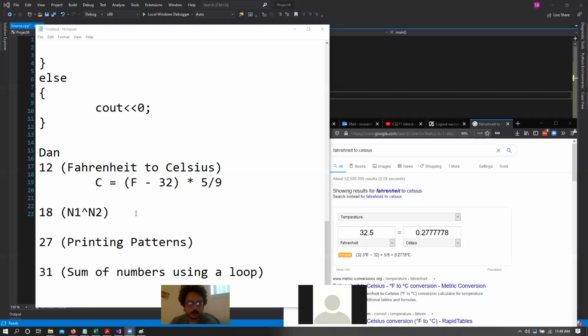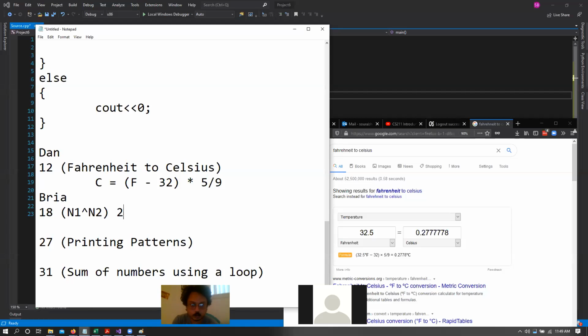Okay. Anybody else? Now we have the options of solving 18, 27, or 31. Problem 18 is essentially to write a program that takes in two numbers and outputs one number raised to the other number. You will need to ask the user for two numbers.